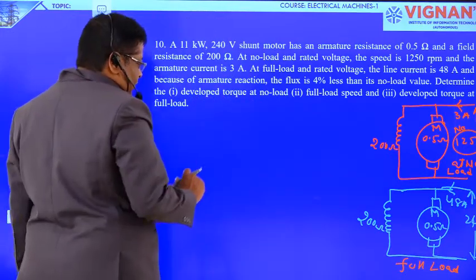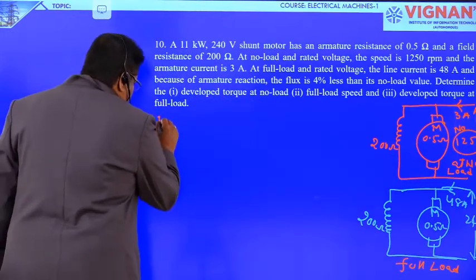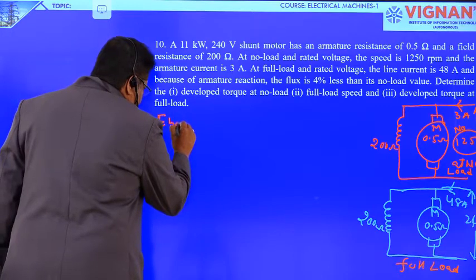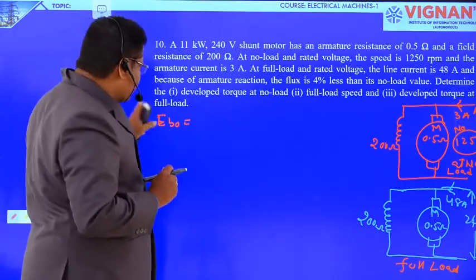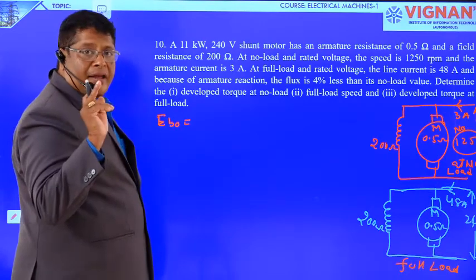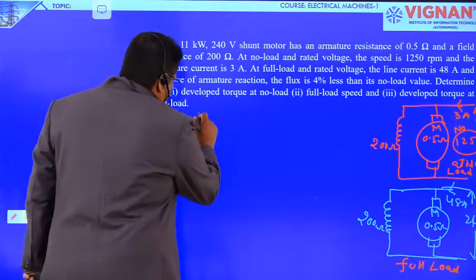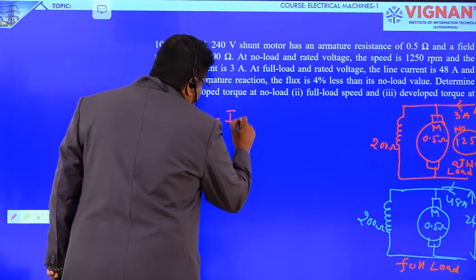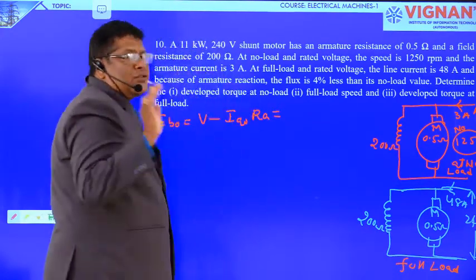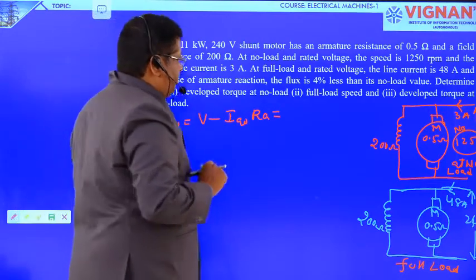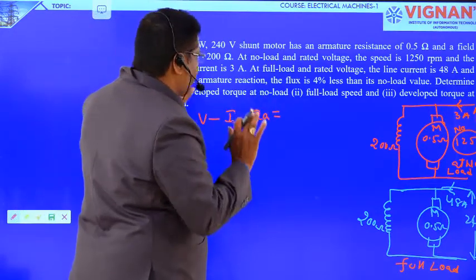In the motor, back EMF E_b0 equals V minus I_a0 into R_a, if we neglect the brush voltage drop, because the brush voltage drop data is not given in the problem.